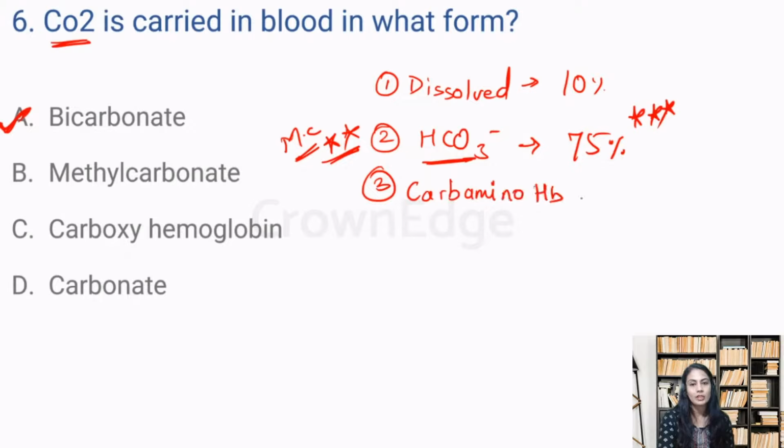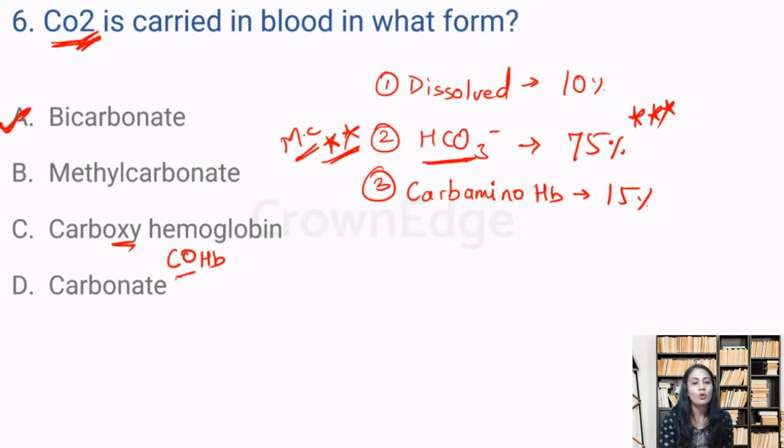So I'll just write HB. The remaining 15% will be carried with carbamino hemoglobin. Over here they ask about CO2. Remember, carboxy means just one oxygen molecule, so that will be COHB. That means it is not carrying carbon dioxide, it is carrying carbon monoxide.